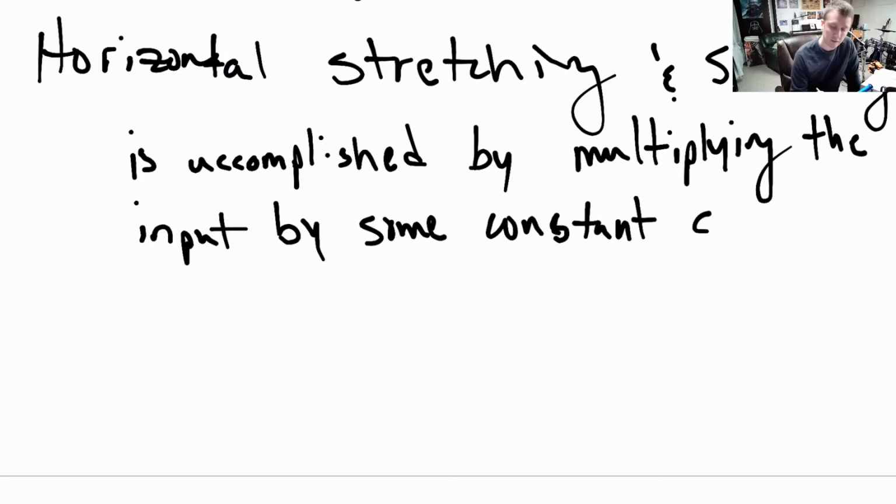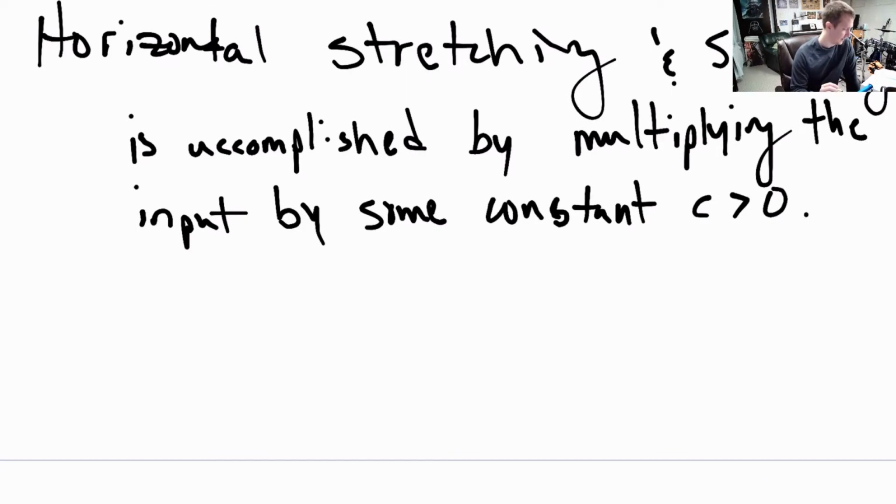I'll use the letter C to be that constant, and I'm going to make sure that it is bigger than 0. We don't want to destroy everything. We don't want to flip the sign of it. That would give us a reflection, right? We want to make sure that we've multiplied by some positive number. And here is what happens.